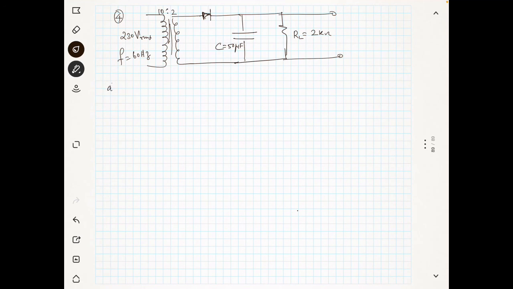It is asked to find out first what is Vp out, that means the maximum output, then the maximum current I max, next the ripple factor, then the peak inverse voltage. So we will solve all this part one by one.